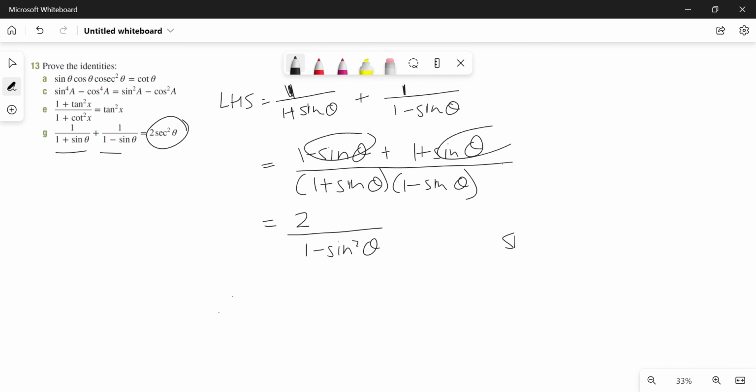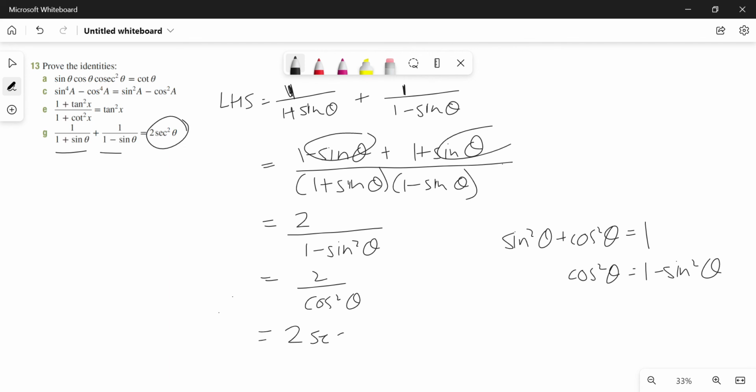But we do know that sine squared theta plus cos squared theta equals 1. So 1 minus sine squared theta equals cos squared theta. So that's just 2 on cos squared theta. And so 1 on cos squared is just sec squared. So that's the same, using reciprocal identity, as sec squared theta. So we do get the right hand side there.